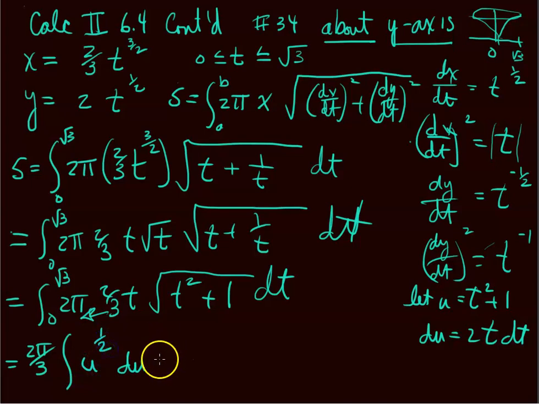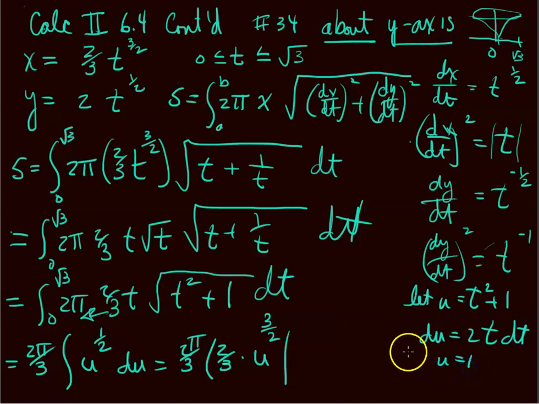Same old problem to figure out here. So I've got 2 pi over 3, and this will be u to the 3/2 times the 2/3. I need these limits. If t is equal to 0, u is equal to 1.